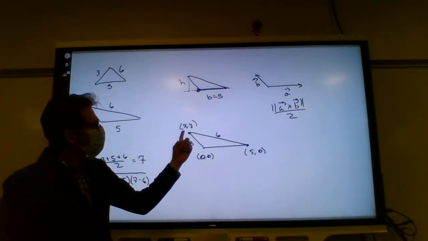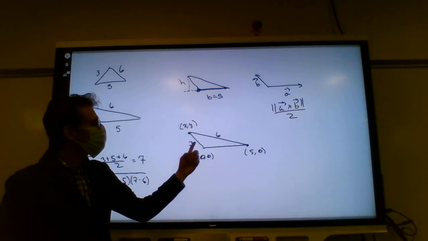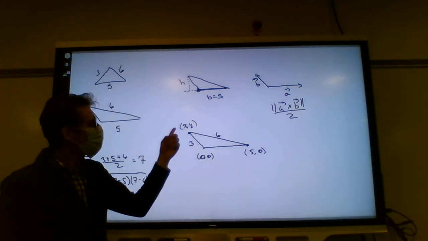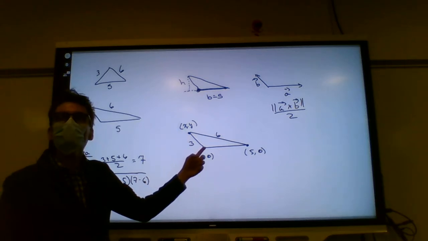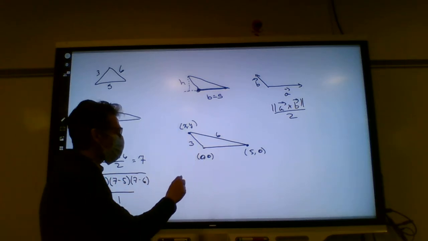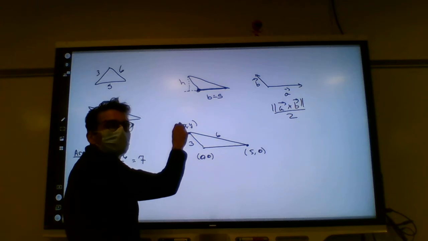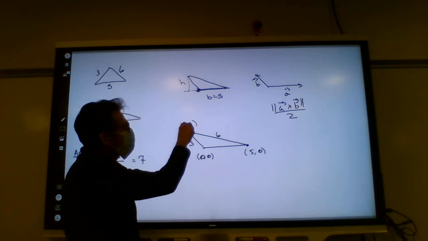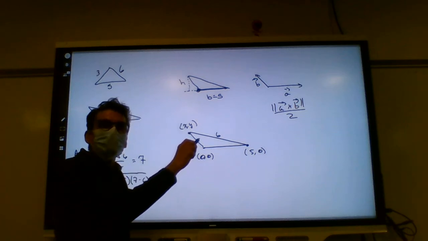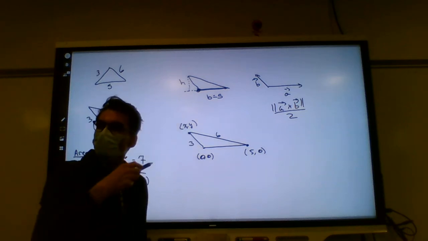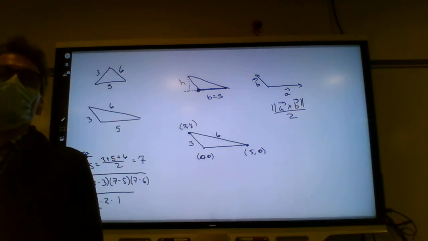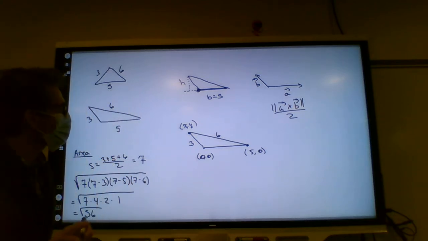The distance from this point to that point is 3, isn't it? So how do we calculate the distance from this point to this point? The distance formula says you take the x value of this one and subtract the x value of this one and square that. And then you do the same thing with the y values. You add those together and you take the square root of things. We also said to try to avoid taking square roots as long as you possibly can. So let's do this without the square root.